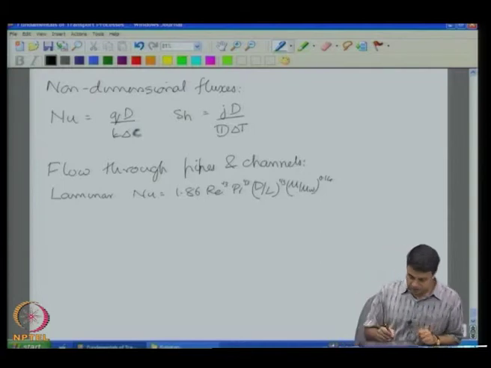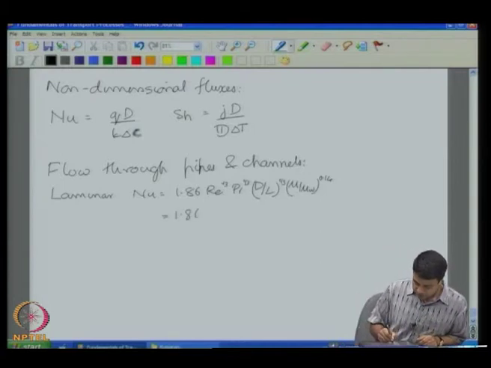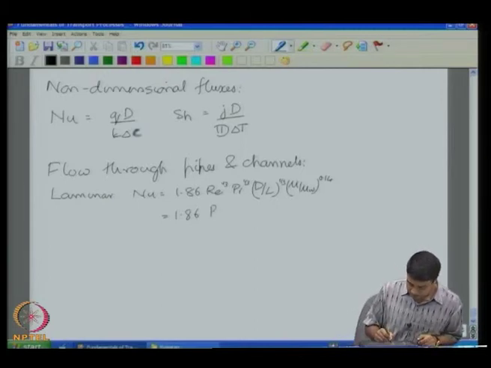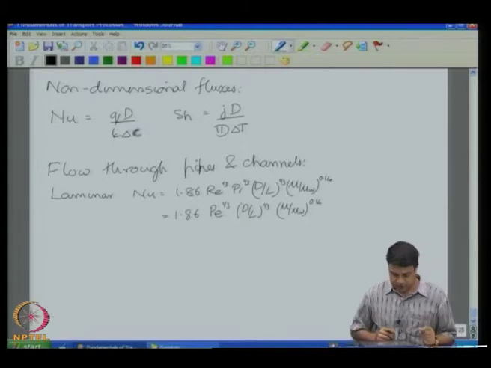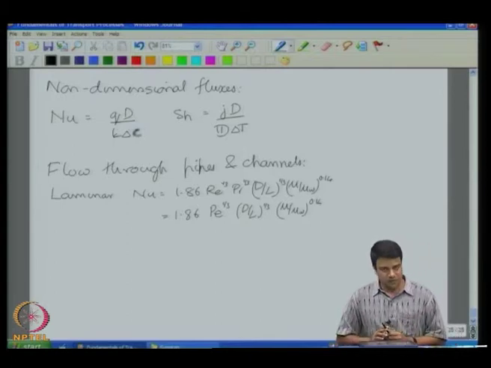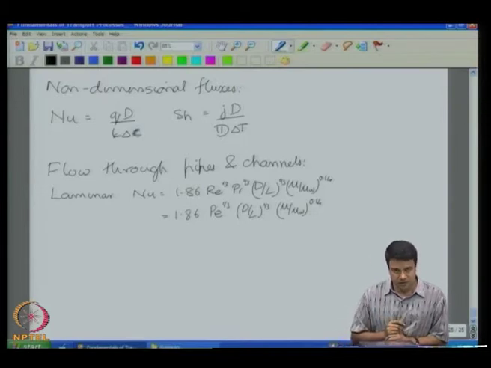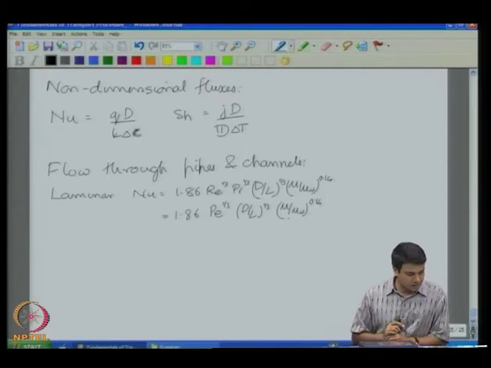First thing is I can write this whole thing as 1.86 times Reynolds number times the Prandtl number, which is the Peclet number, to the power 1/3, times the viscosity ratio to the power 0.14. So, the Nusselt number is depending only upon the ratio of convection and diffusion of mass. The ratio of convection and diffusion of momentum is not appearing in this correlation, apart from this correction factor that is there.